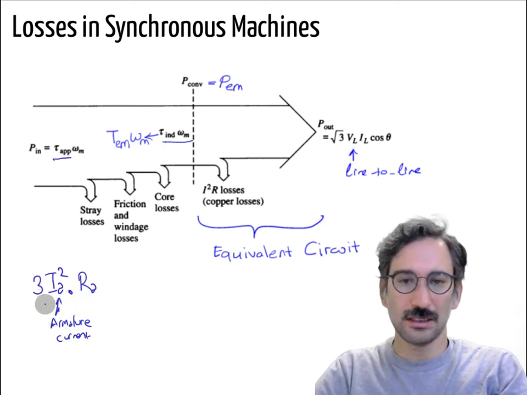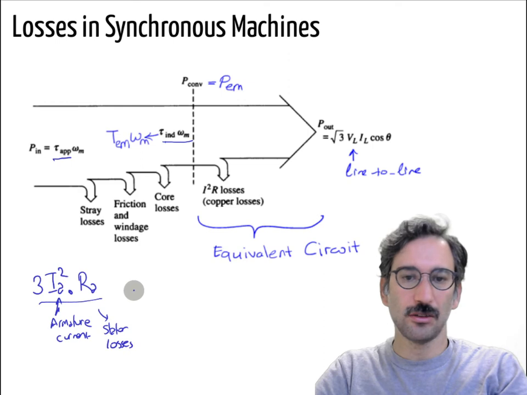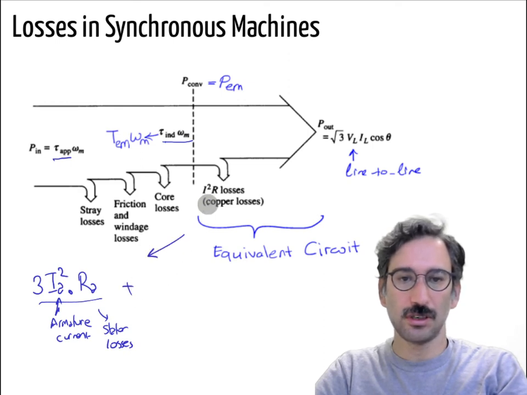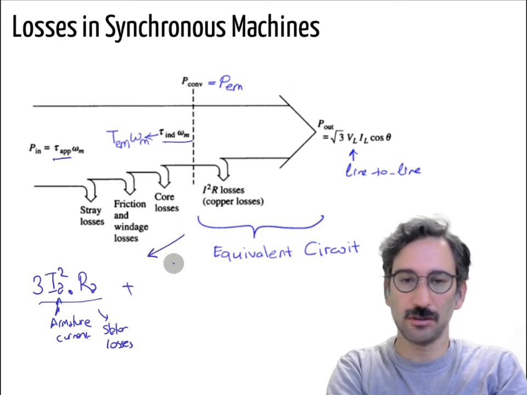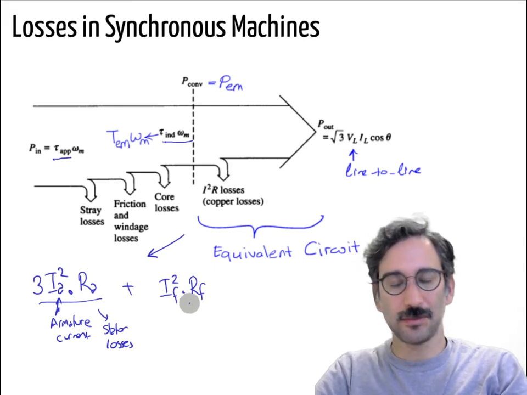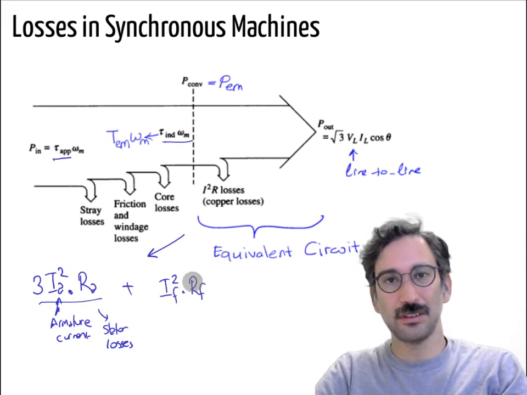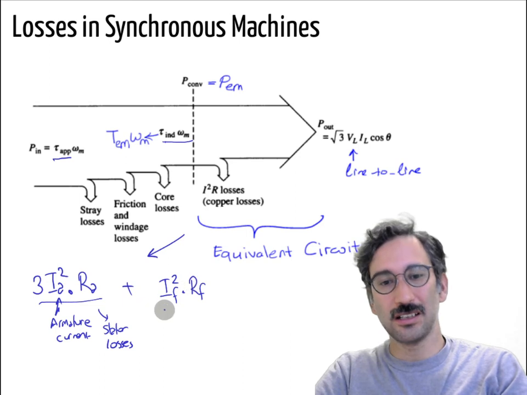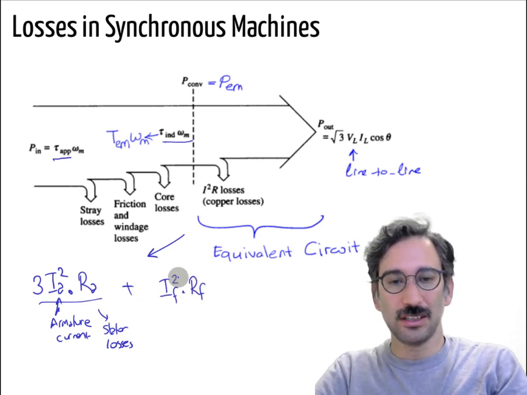So this is the stator loss, let me call it. And on top of that, we have the field winding current squared times the field winding resistance.